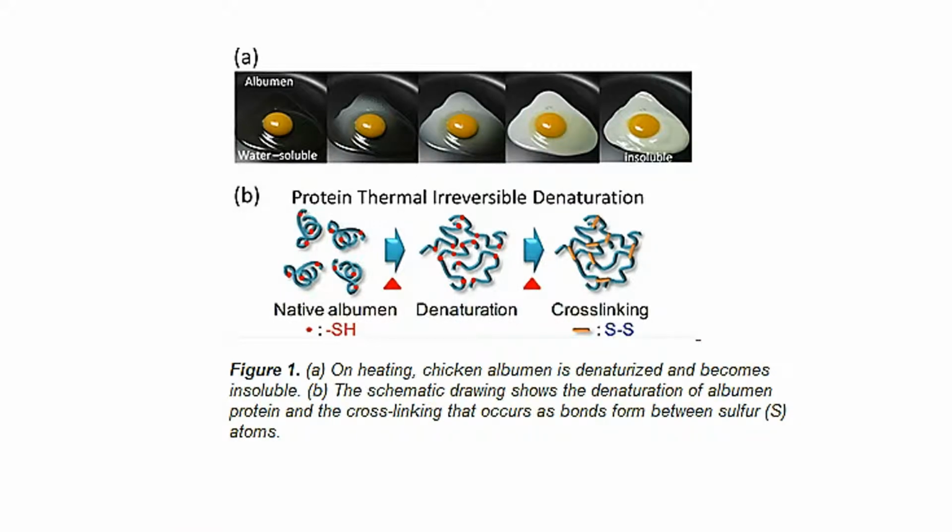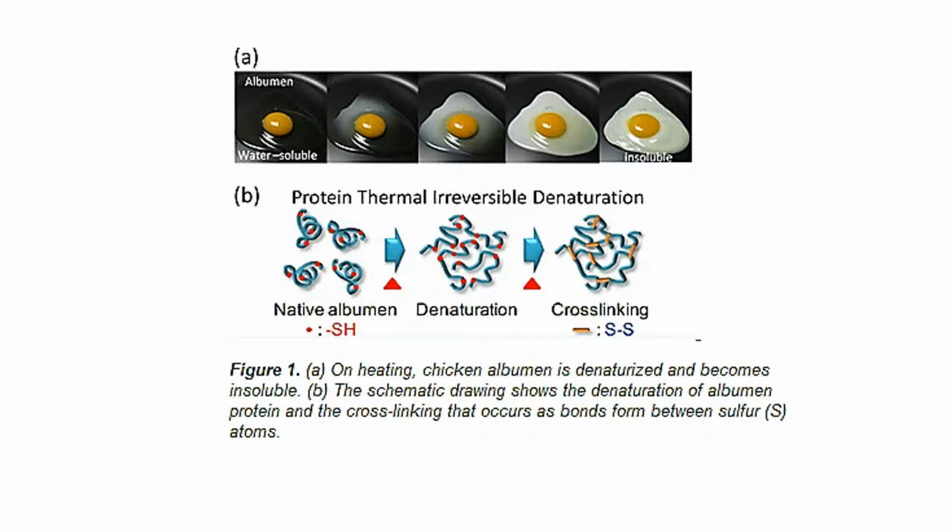Alright, so a simple way to think about proteins and denatured proteins is to think about an egg. Now, when you cook an egg, initially the egg white is clear, and then you have the yolk. Over time, that egg white becomes white and stiff. What's happening?